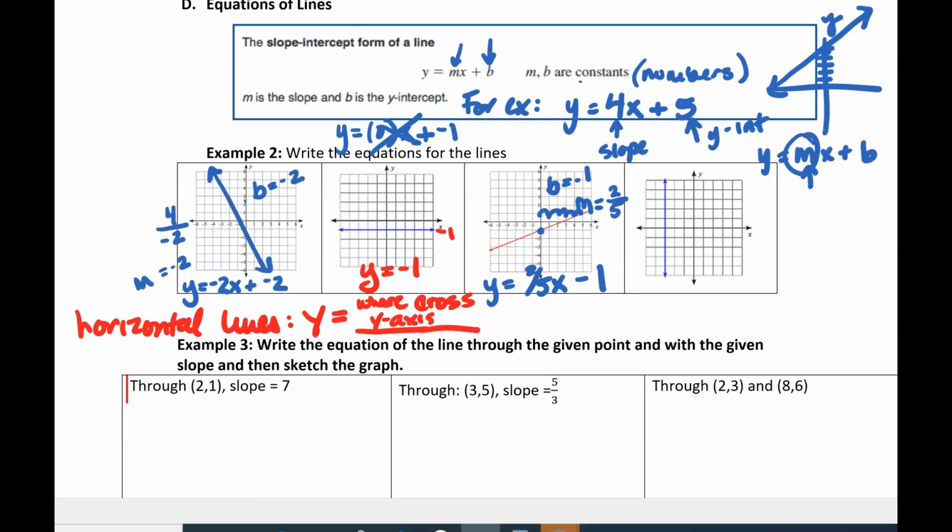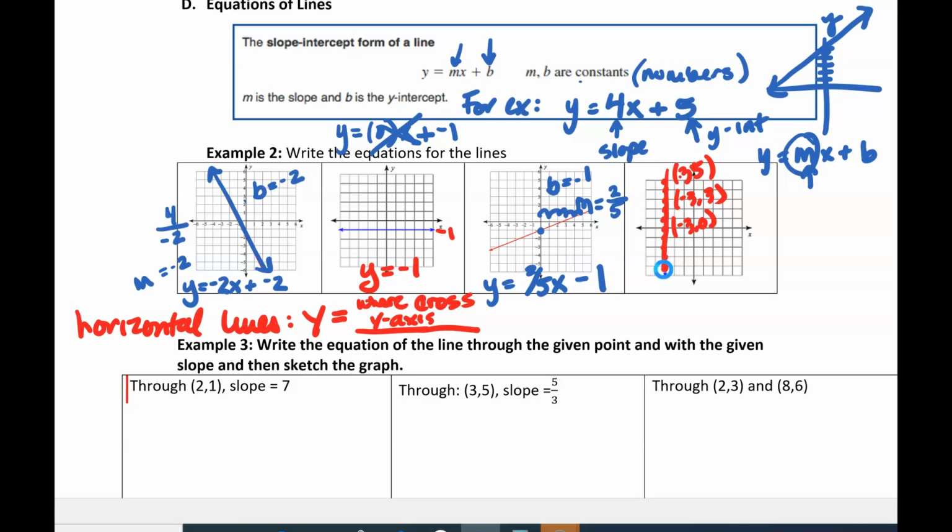Similar to the horizontal one, let's look at all the different points and see what they have in common. Every single point on this line has a common value. This point right here is -3, 0. This one is -3, 1, -3, 2, -3, 3, -3, 4, -3, 5.